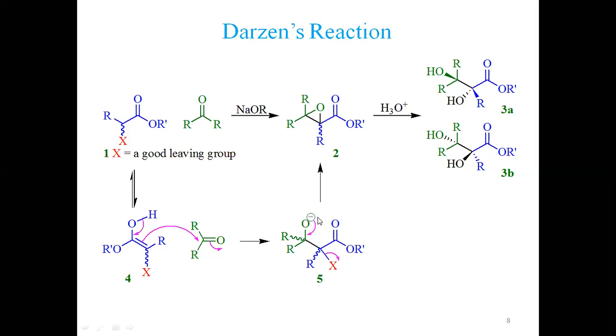This oxygen transfers electron density to this carbon. It is already making a bond with this carbon, so it forms a three-membered ring. If you remember, this is called an epoxide functional group, a three-membered ring with oxygen.